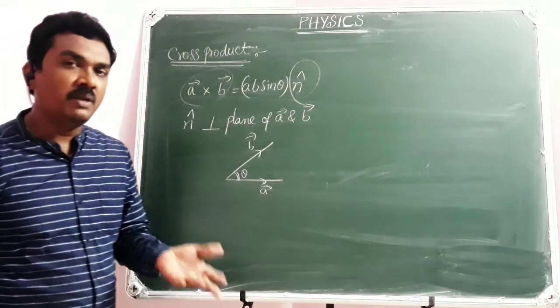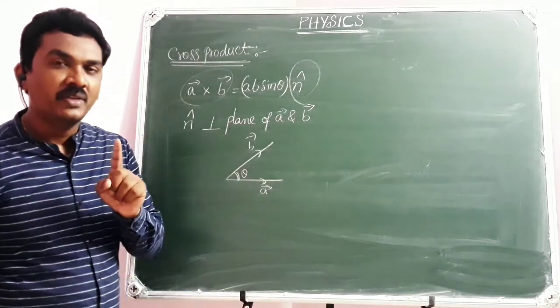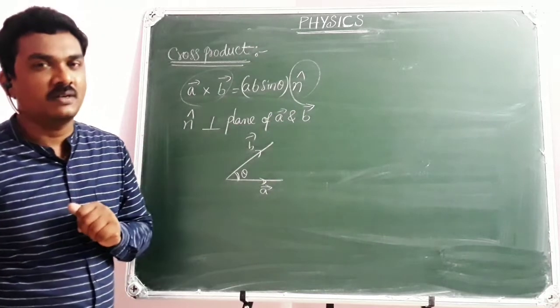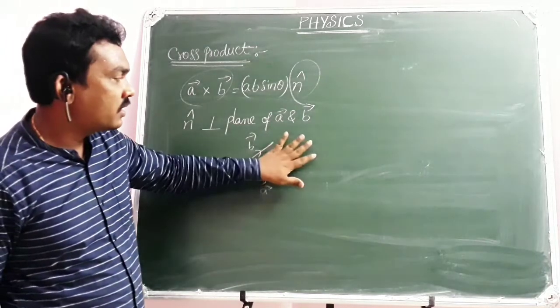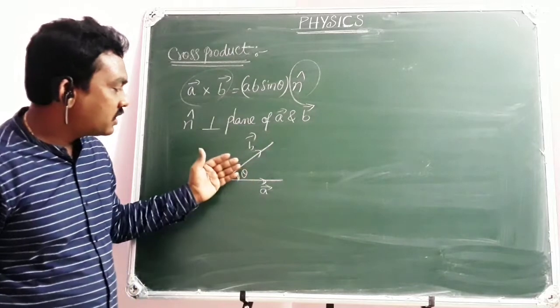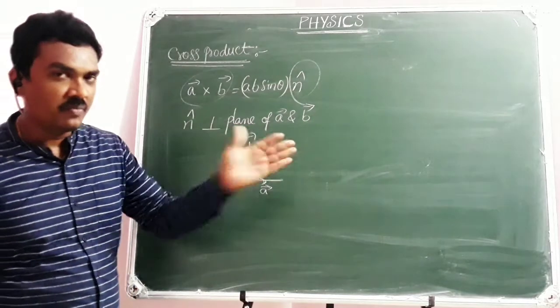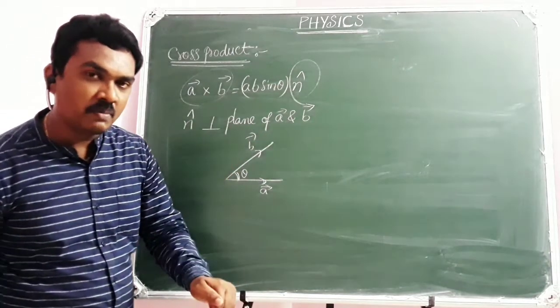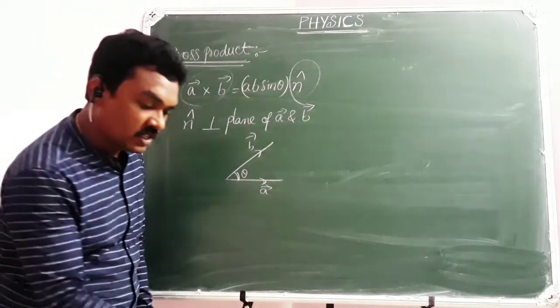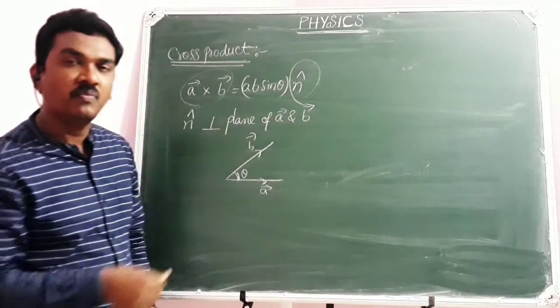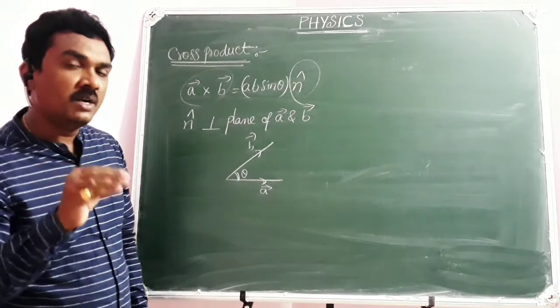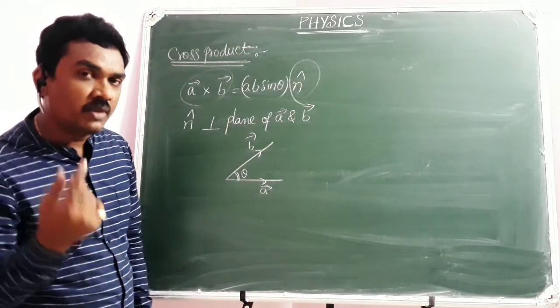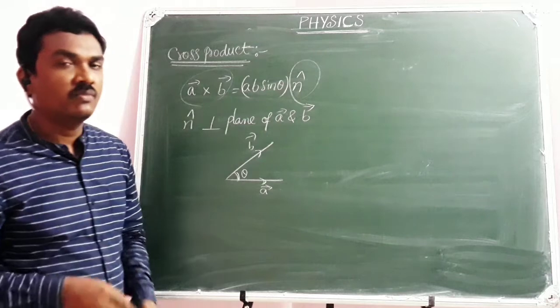Here A bar and B bar are not pseudo vectors. A bar cross B bar is a pseudo vector, because when A bar and B bar are in the plane of the board, A bar cross B bar will be perpendicular to the board. When they are in the plane of the floor, A bar cross B bar will be perpendicular to the floor. When the plane of A bar and B bar changes, the direction of A bar cross B bar is going to change.